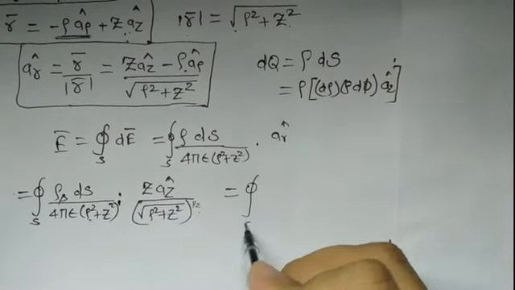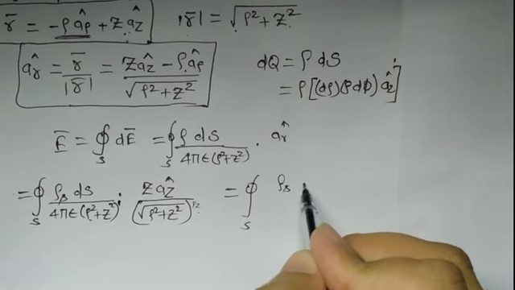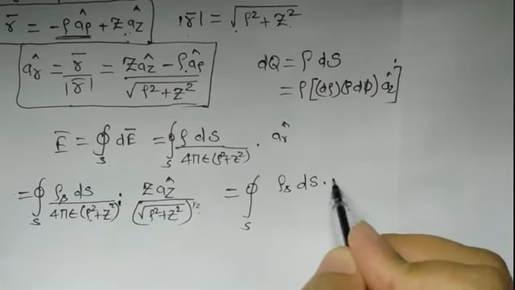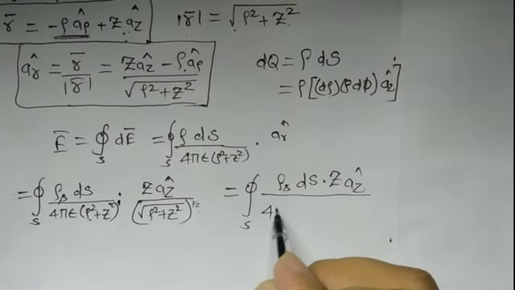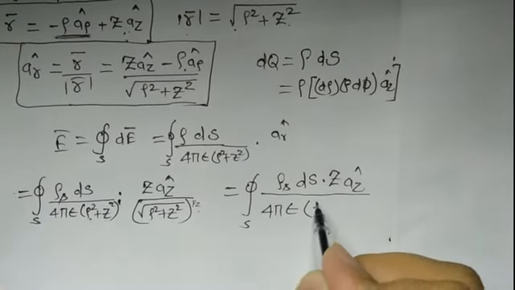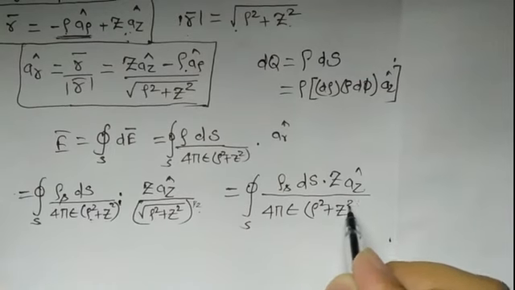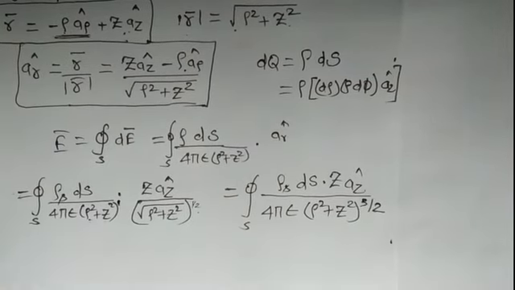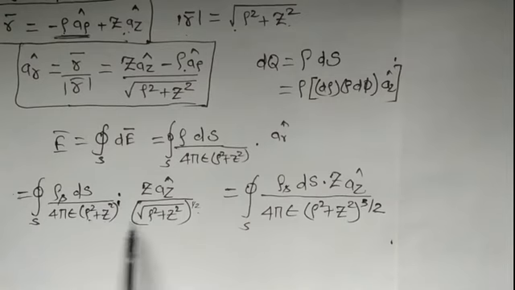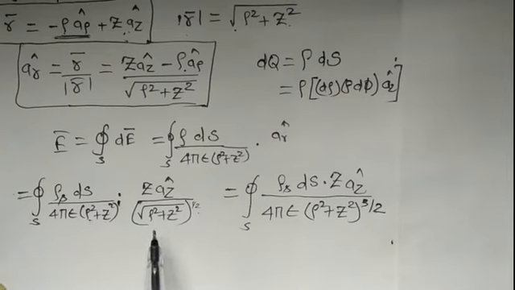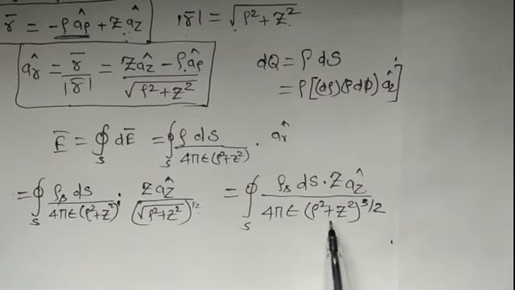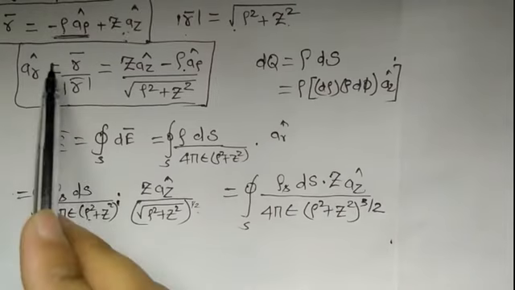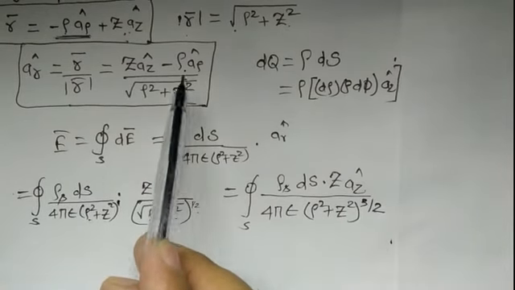So it would be the surface integral of rho s into ds into z a z cap divided by 4 pi epsilon into rho square plus z square raised to the power of 3 by 2. Because if the bases are the same, as per the law of indices, the powers get added, neglecting the radial component.